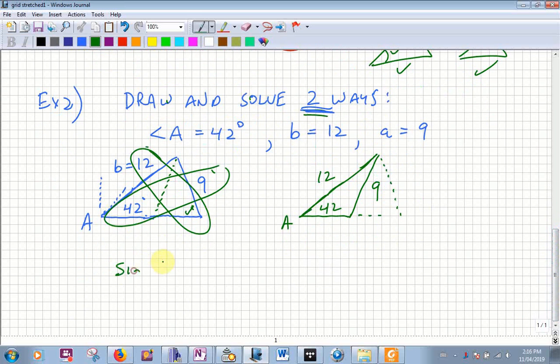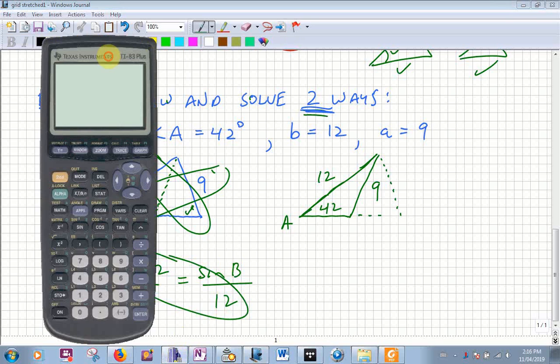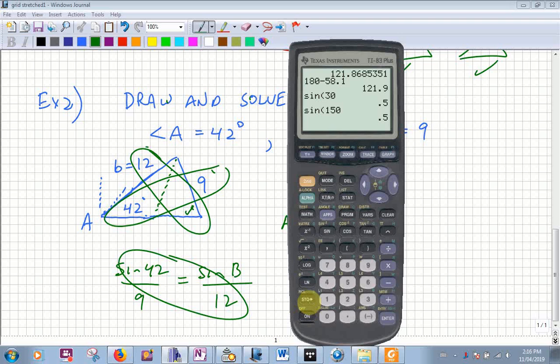So sine of 42 over 9 is sine of whatever you want to call this thing. Let's call it x over, well, I actually got a letter. I'm sorry, that's b, over 12. Okay? So that times that, divide by 9. Sine of 42 times 12 divided by 9 is sine of b.